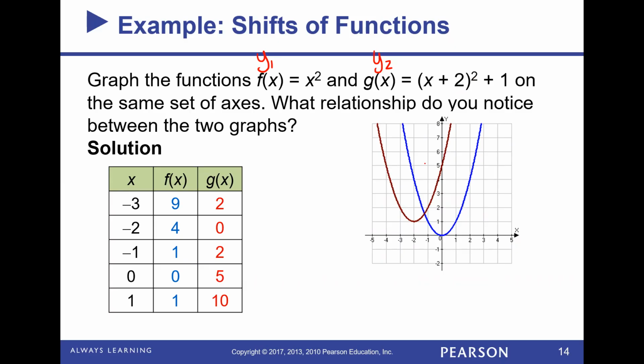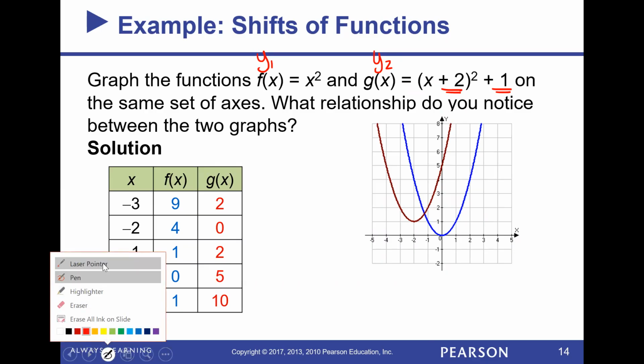Now you can do this visually, or you can do this by looking at the actual equation. Notice in the equation, the big difference between my parent function and the g of x, or the y2 that I'm going to plug in, is that there's a +2 and a +1. What do that +2 and that +1 actually mean? What I suggest doing is looking at where they are located.